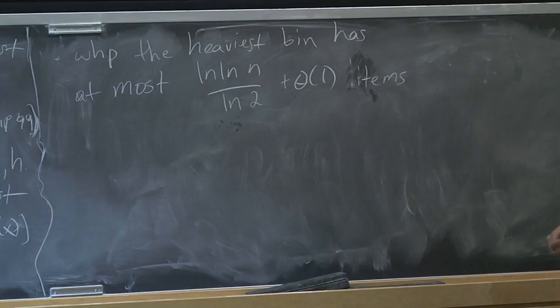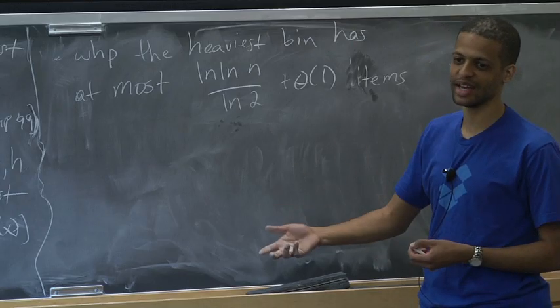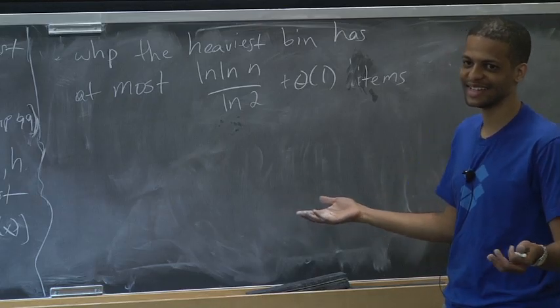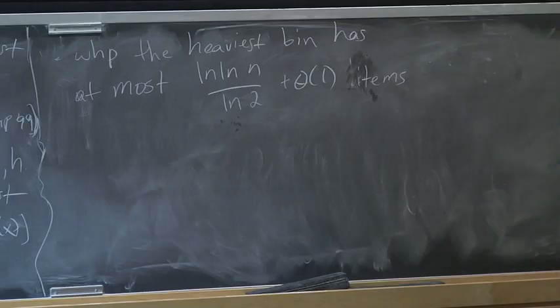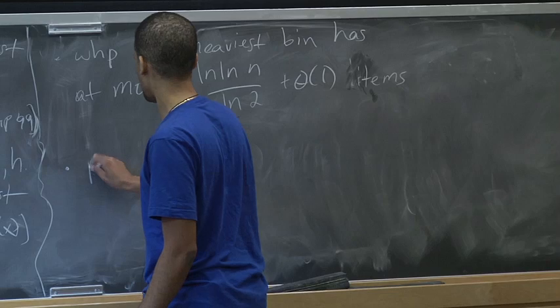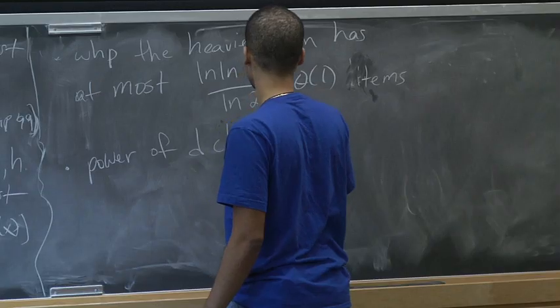Why don't I hash into d locations, and then put it in the least loaded of the d locations? Query time will go up by a factor of d in expectation, but in the worst case, we might get better worst case behavior. So power of d choices.